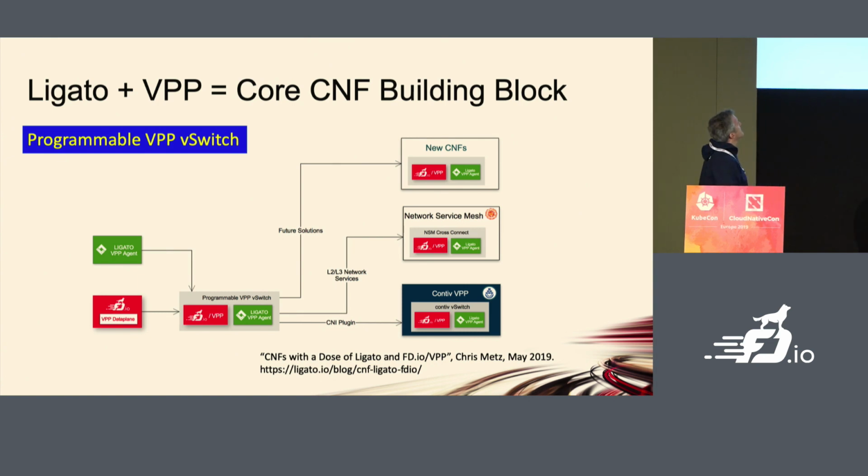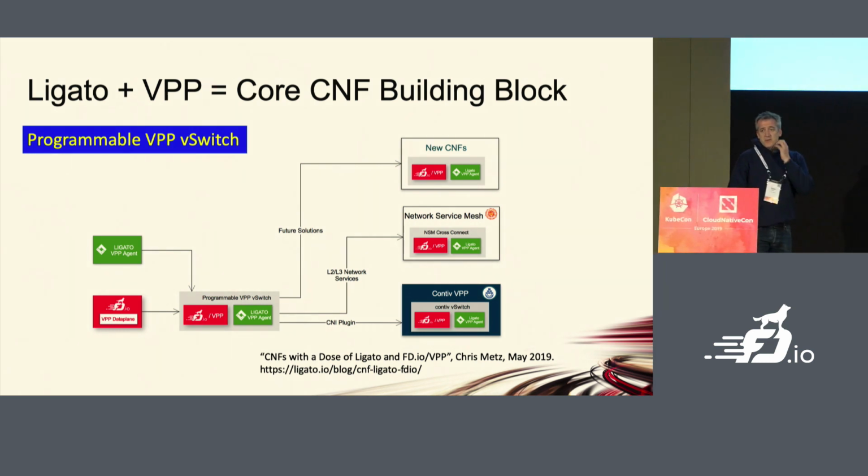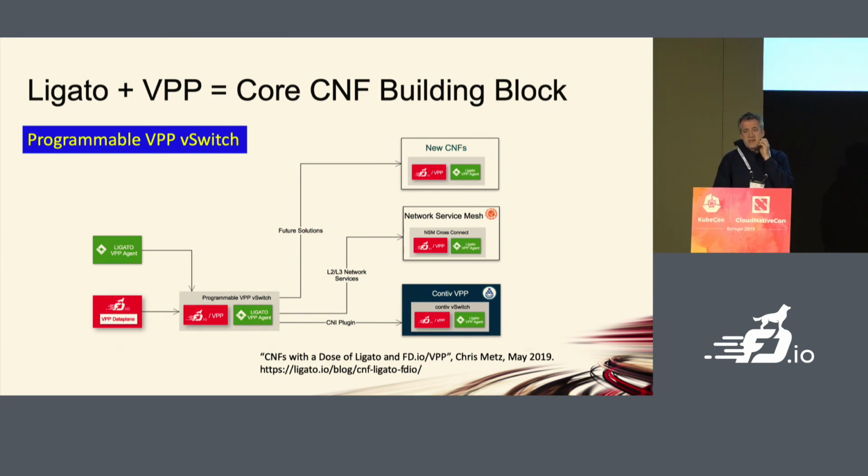So yeah, core building block for CNFs, but we're agnostic as to what those CNFs might be. For example, the vSwitch, that was one of the first things we did. Back when we were doing the cloud native cable stuff, we based it around a vSwitch, and the main functionality there was to drive the NIC, but then also to implement VXLAN so that you could have a cable data plane instance, which also runs in VPP as a CNF.